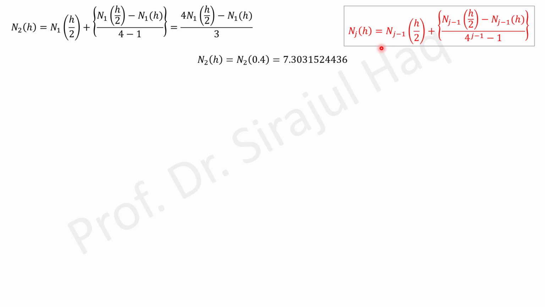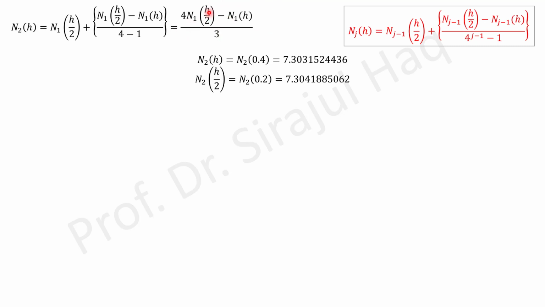N4 was required, so for N4 you need N3 of h. For N3 of h you need N2 of h divided by 2 also. So let's find N2 of h divided by 2. h was 0.4, and 0.4 divided by 2 is 0.2. So what you have to do is replace h with 0.2 in this expression.